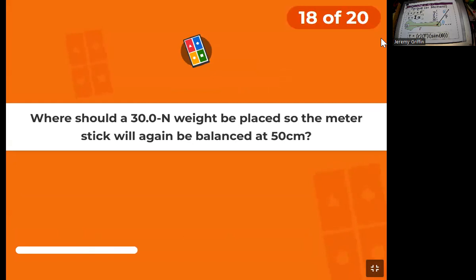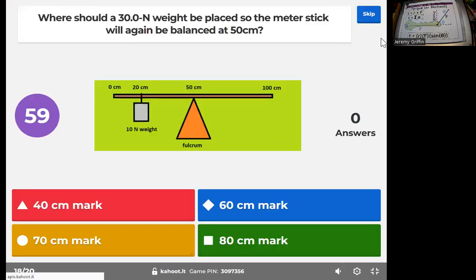A few questions left. Where should a 30 Newton weight be placed so that the meter stick will be balanced at the 50 centimeter mark? Where should you put a 30 Newton weight?